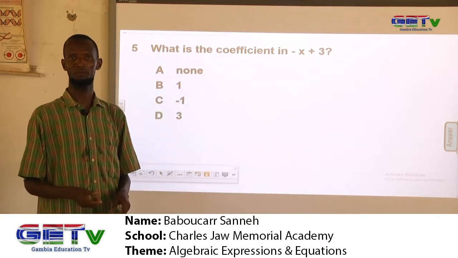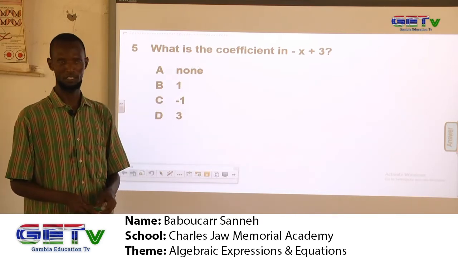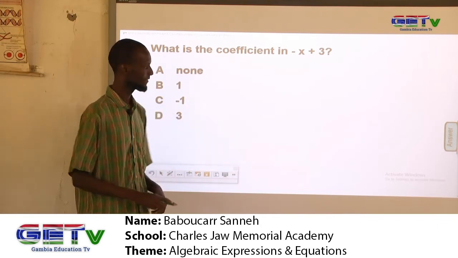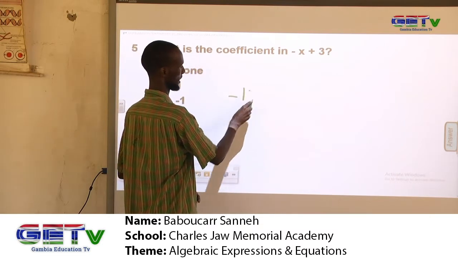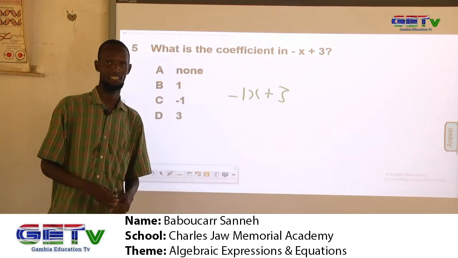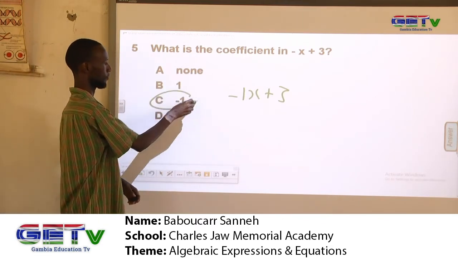But we have said previously, if no number is visible in front of the variable, we know that 1 is actually there. So negative x is negative 1x plus 3. So there is a coefficient there, and clearly, it is the negative 1.